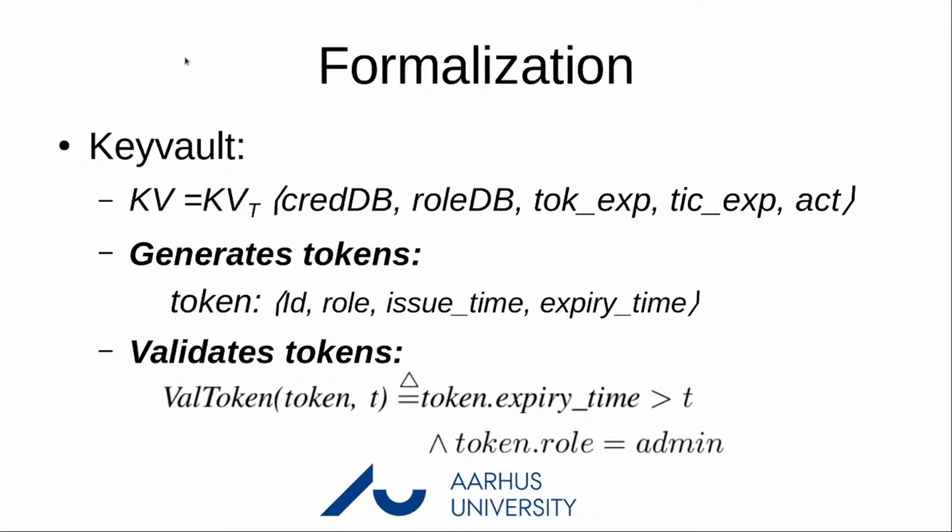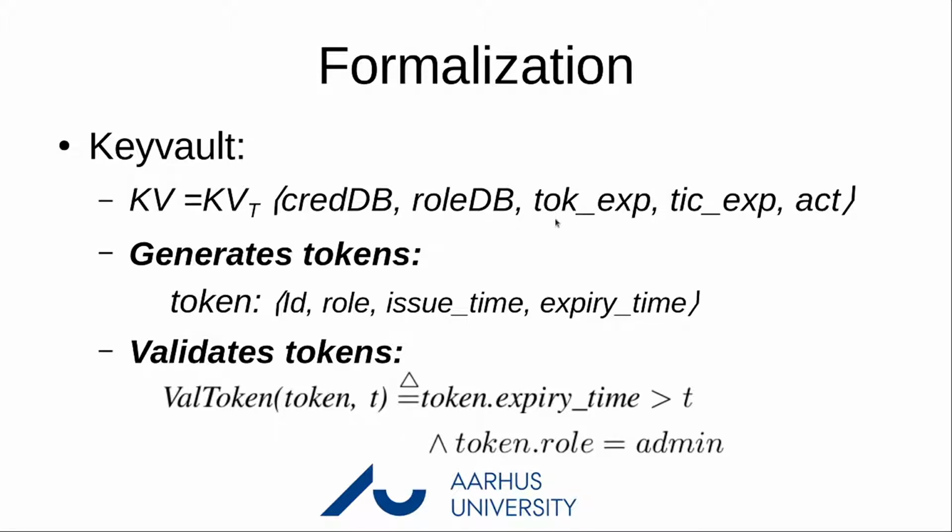Now let's look at the key vault, which is another important component. Our key vault template has a credentials database, so a database of users and their passwords, and a role database that is then mapped towards the credentials database, right? So a user can, for example, be just an admin user and things like that.